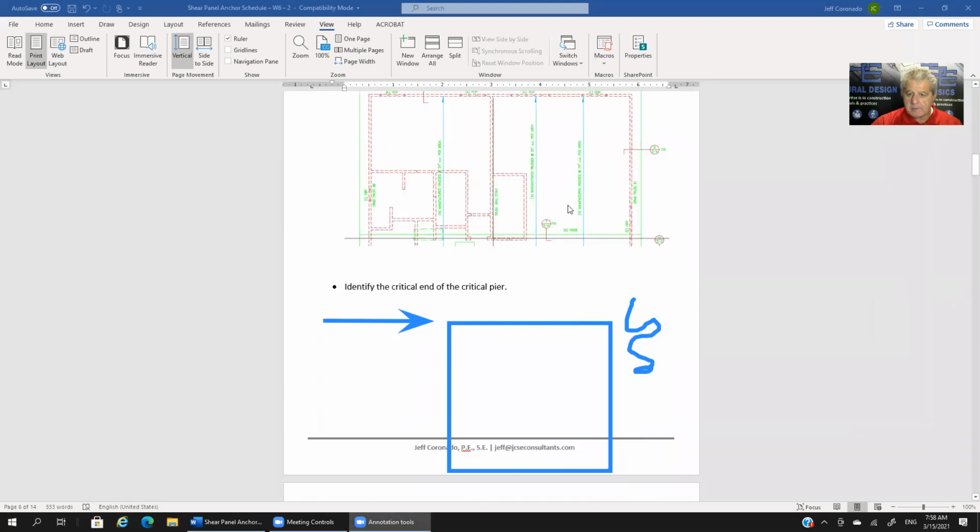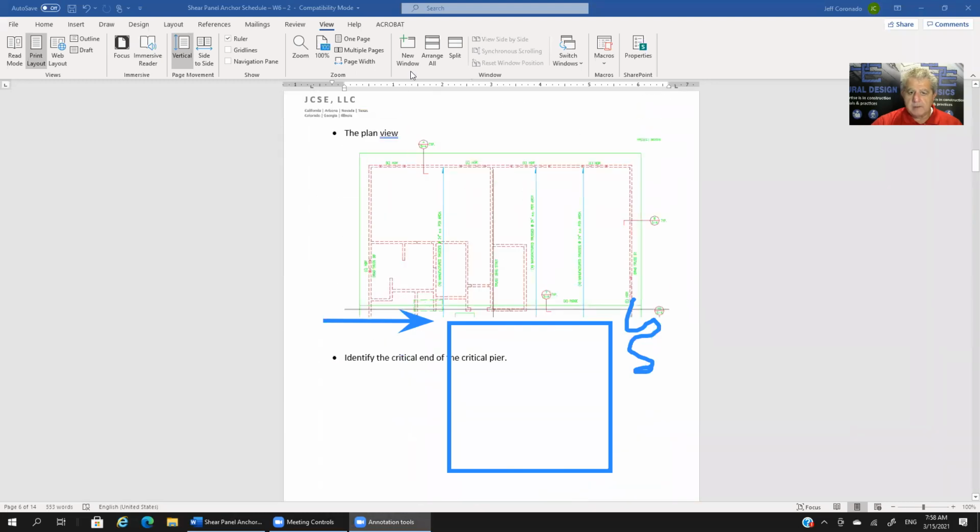We're doing an elevation of this pier in the plan view, literally looking from inside the residence, right? We're calculating the uplift on this edge, along this edge, with the force pushing the wall pier from left to right. And this was the exterior edge. This was the end of the wall pier. Okay, that's what we're now trying to calculate.